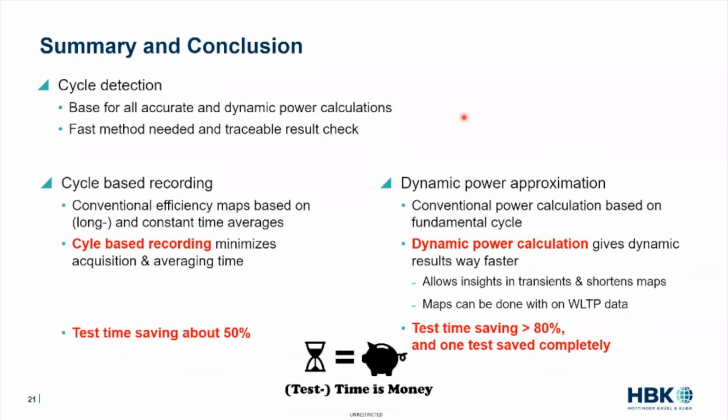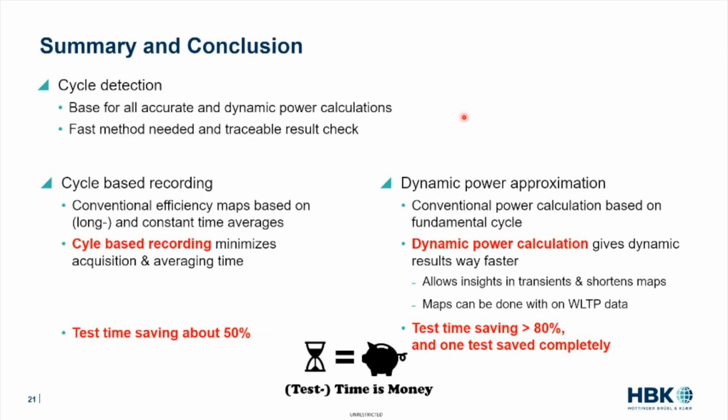Third, a method you need to be careful with is what we call dynamic power approximation. There we do power calculation no longer based on the fundamental cycle, but on the switching cycle. And therefore you get way more dynamic results, which allows you insights into transients and allows you to do maps way shorter.